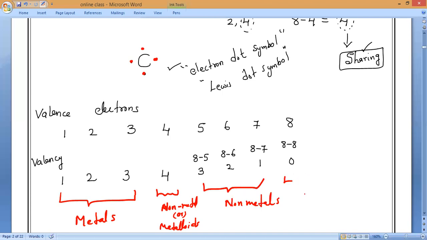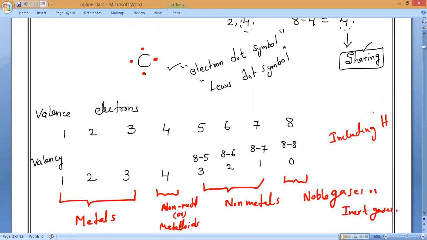And the last one? Noble gases, or we can say inert gases. Clear? Write it. One more inert gas will come here, including whom? Helium. Helium has only 2 electrons because it has only the K shell, but still it is an inert gas.